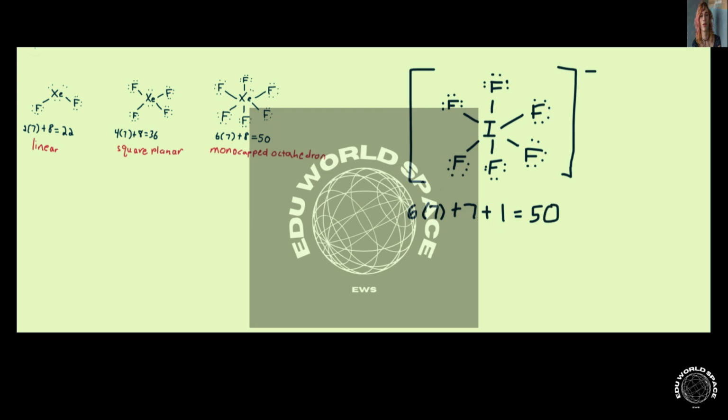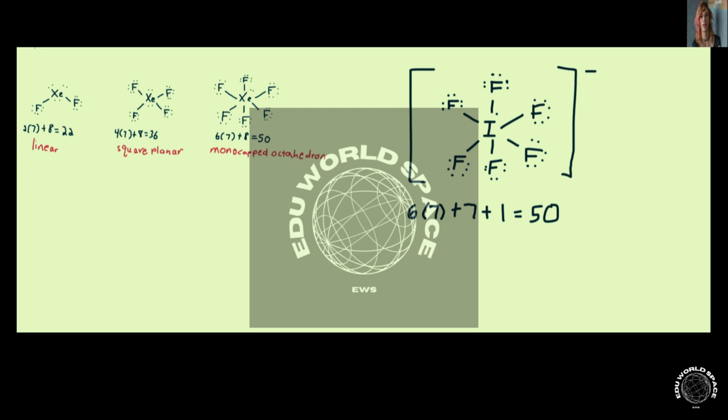So let's look at our structure. Let's see how many electrons we have. So look at the pairs: 1, 2, 3, 4, 5, 6, 7, 8, 9, 10, 11, 12, 13, 14, 15, 16, 17, 18, 19, 20, 21, 22, 23, 24. So 48 electrons surrounding it.